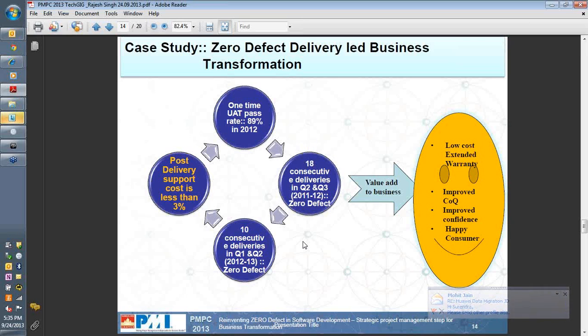The data we have found is that the post-delivery cost of support is just 3% in our environment. We don't put a lot of money into supporting our deliveries because we are very sure that the deliveries going to the market are zero defects. The support maintenance team is very light, just 1 or 2 people.